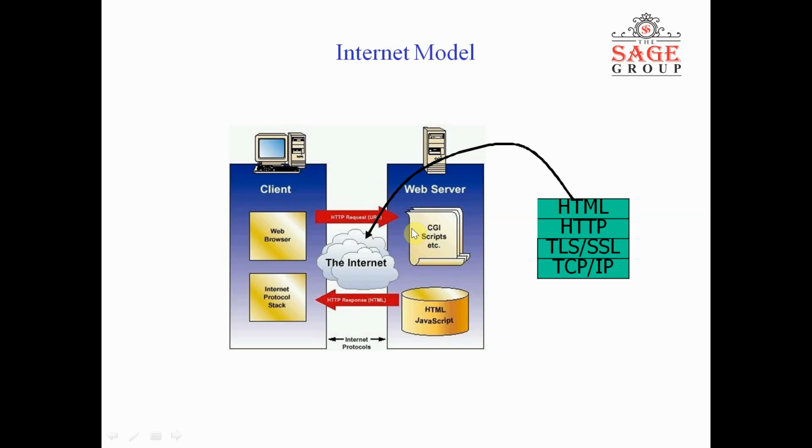For example, we open our browser and type www.gmail.com. With the help of that browser, they request the URL through the internet, and CGI scripts open the Google interfaces. After that, JavaScript and HTML responses come through the internet to our client systems and open that Gmail page.